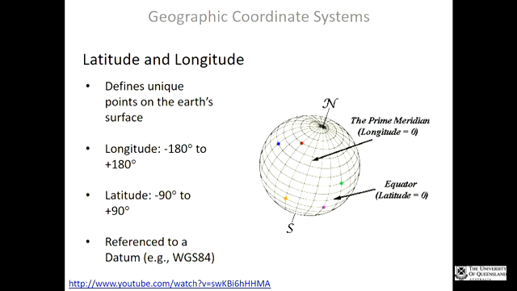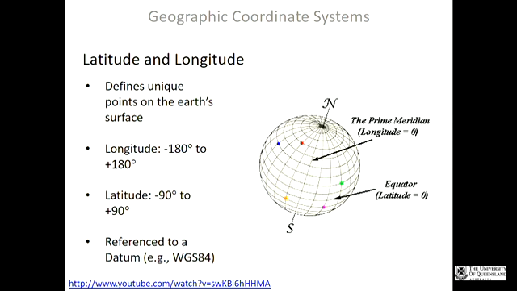The first one is a geographic coordinate system, and this is where latitude and longitude come in. Latitude and longitude define unique points on the Earth's surface, and they preserve the shape of the Earth. They're a location on the Earth's surface that takes into account the shape of the Earth.